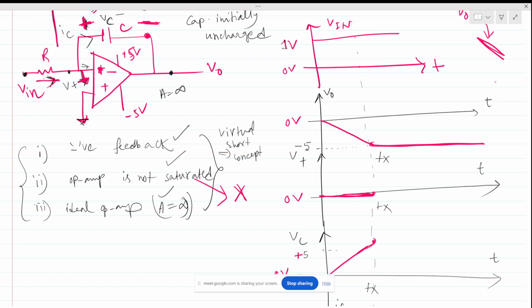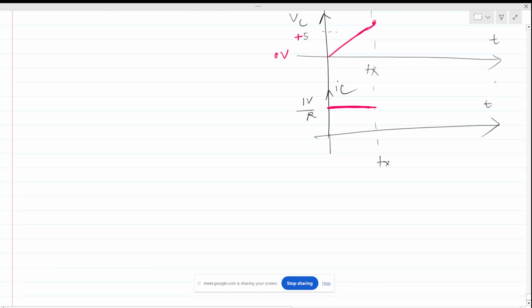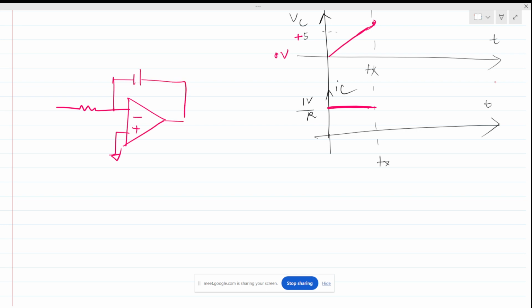So now what will be the circuit? Let me draw the circuit again. This is after T equals Tx plus. Now virtual ground short is not possible here.